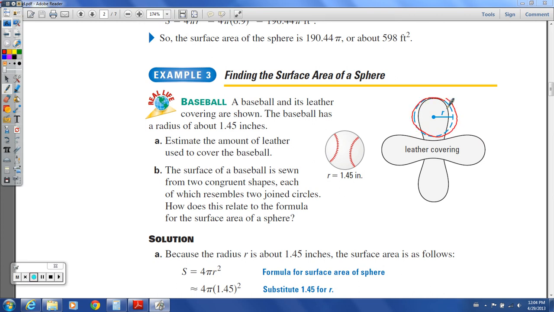There's a bit missing right here, but that would get filled in with this extra part right here. You could do the same thing here, here, and here. You could basically make 4 circles. The part that's overlapping here could get filled in here, and you would end up getting a whole sphere like that. The surface area, the area of the surface, is what it would take to wrap around the baseball like that.